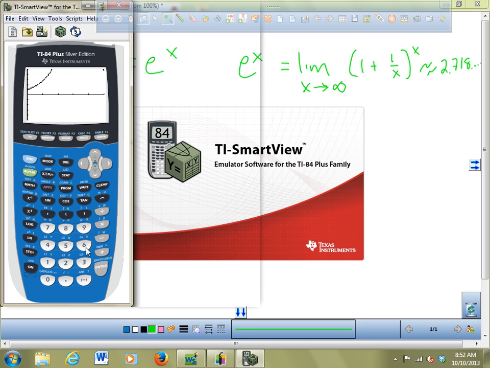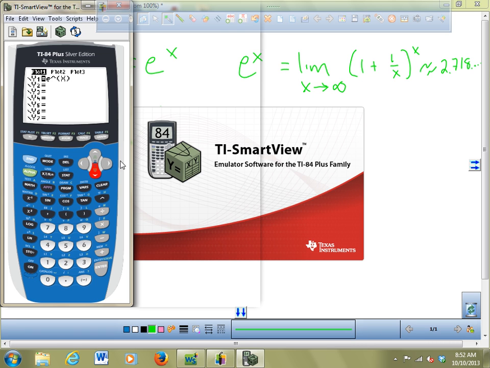Looks kind of like that. If I go zoom 6 and give me a normal viewing window and get rid of my stat plot that's there, I get something that looks like that. Now watch. You can take the derivative of that. So let's go back to the y equals, and we're going to take the numerical derivative, meaning that's a whole bunch of symmetric difference quotients. Remember you had that question on your test?